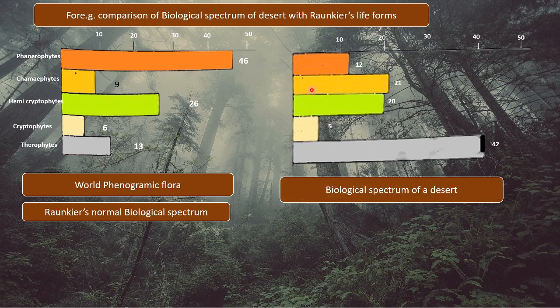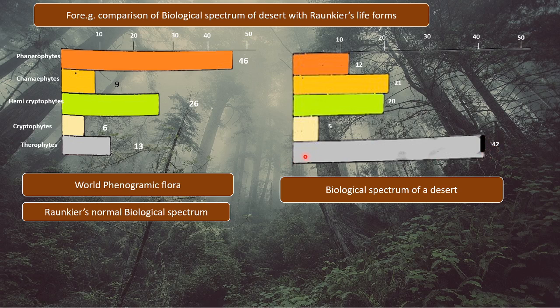As you can see, when the biological spectrum of the desert was prepared and compared with the world physiognomic flora, it was found that therophytes are maximum, which are 42%, right?